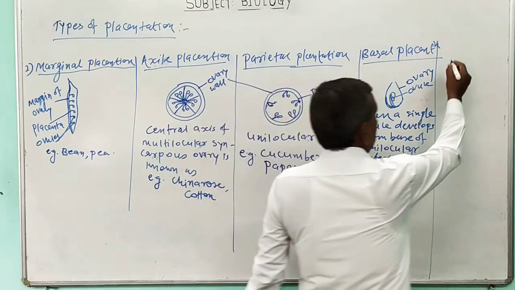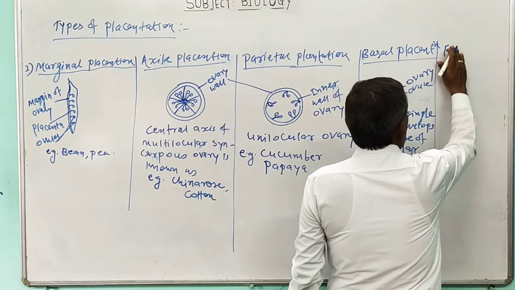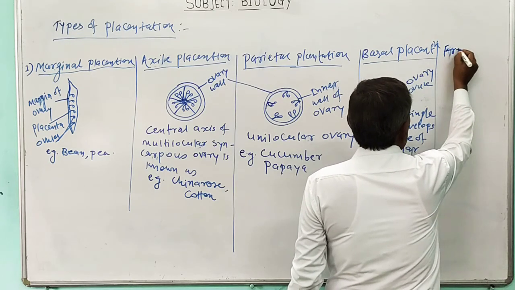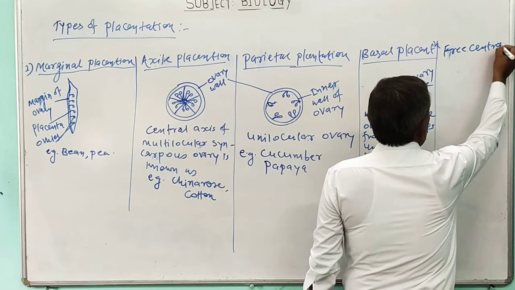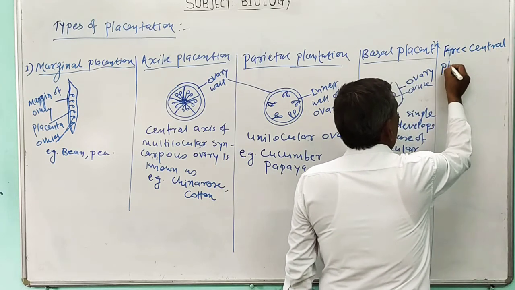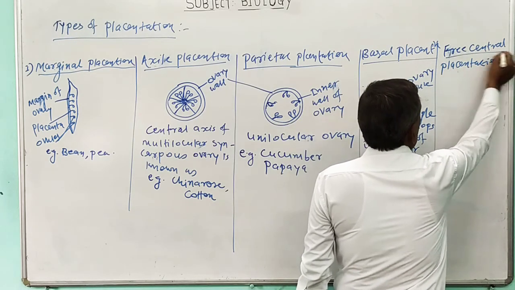Now the last type, a special type of placentation, is known as free central placentation.